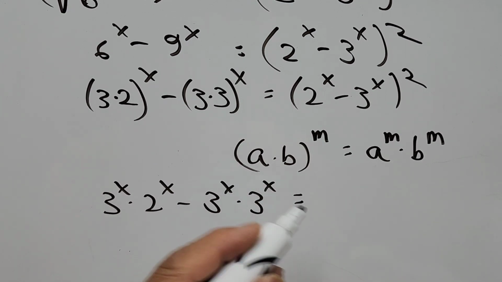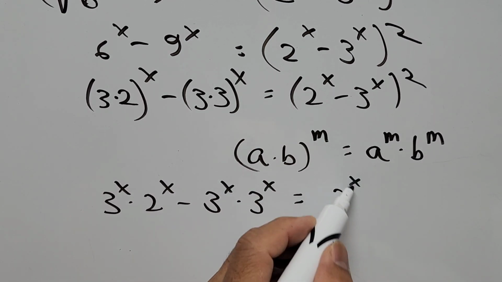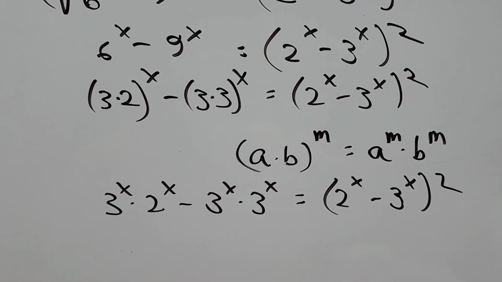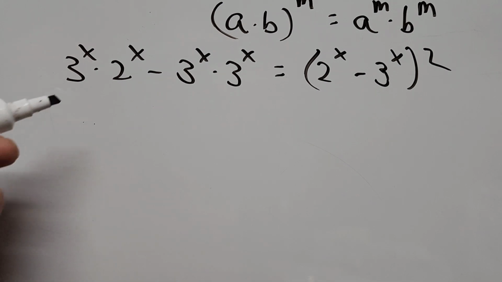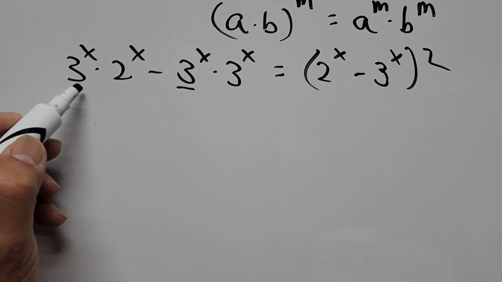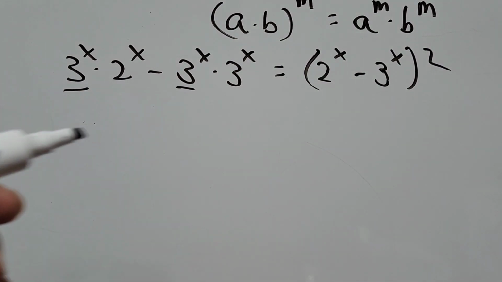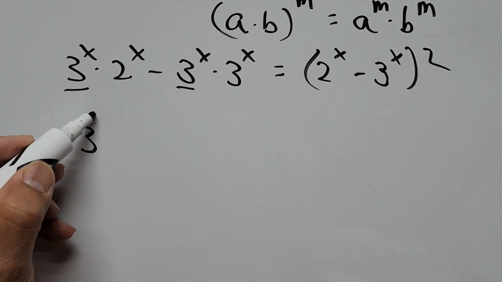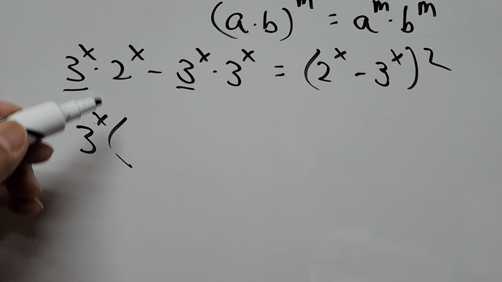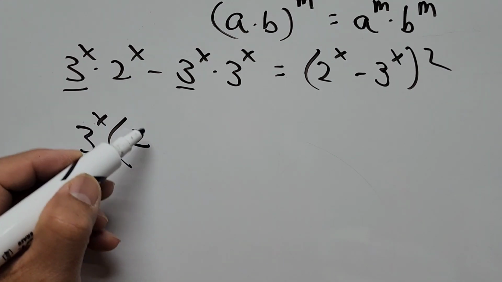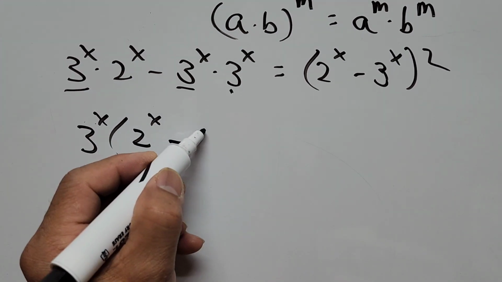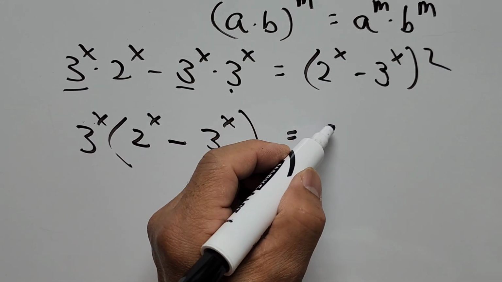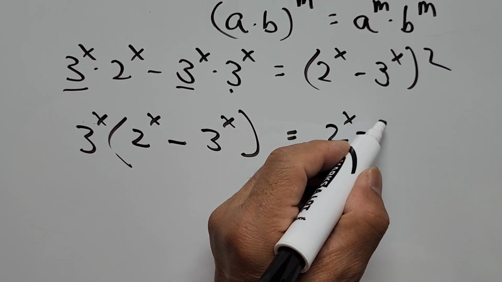The right hand side remains the same. So on the left hand side, if you notice, 3 to the power of x is common to these two terms, so we factor that out. So 3 to the power of x times, what we have left on the first term is 2 to the power of x, minus 3 to the power of x, is equal to, the right hand side remains the same.